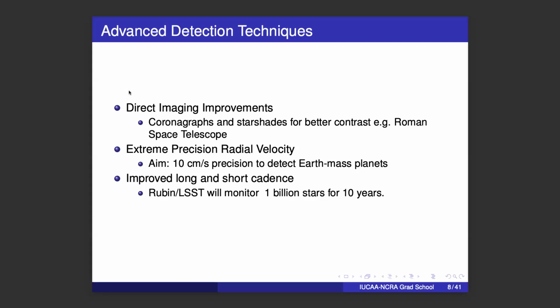Okay, and that's called a stop. That device is then called a coronagraph. And coronagraphs and star shades for better contrast. And these will be used in the Roman Space Telescope. So that Roman Space Telescope, due to launch, I think in 2027, is a very interesting idea.